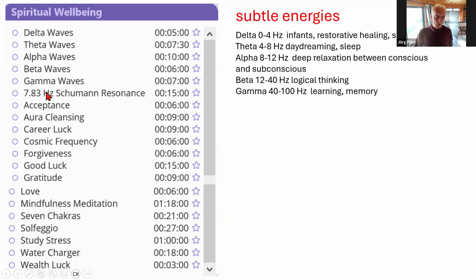Then, of course, we have got quite a lot of programs here which are self-explanatory. We have got the Schumann resonance wave. That's a very important one because if you're not getting Schumann resonance over a few days, and they have done tests for that, they put people in a concrete bunker with steel reinforcements so that nothing can come in from the outside, like a Faraday cage.